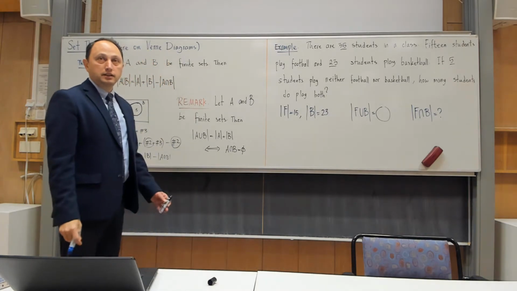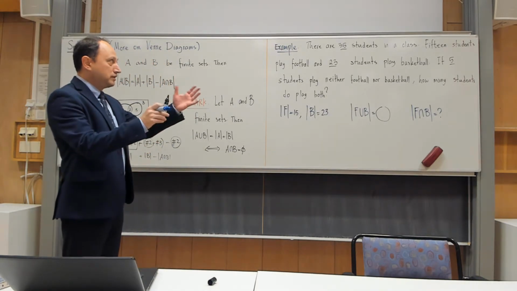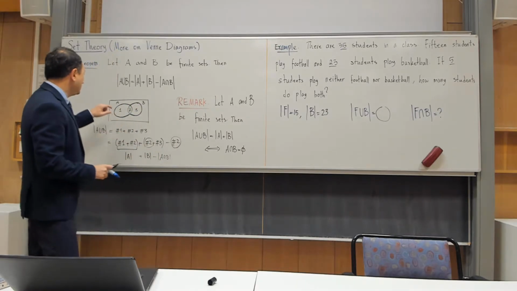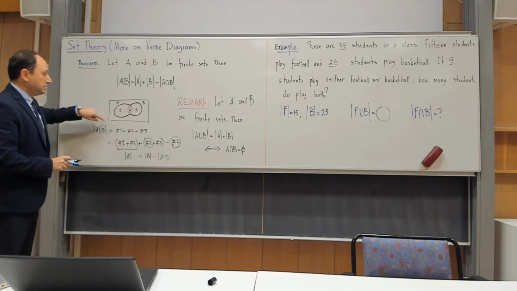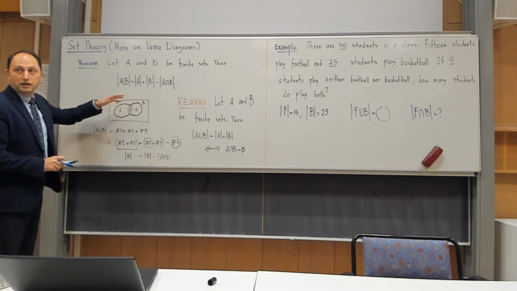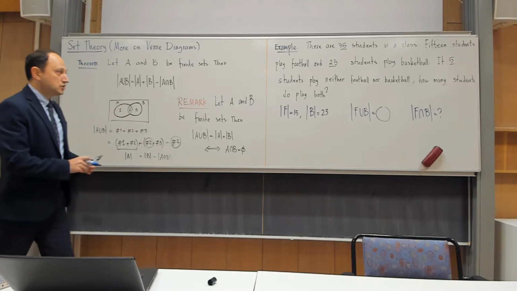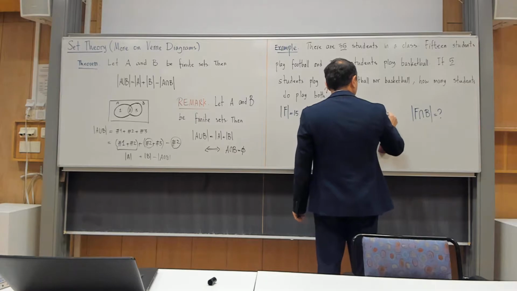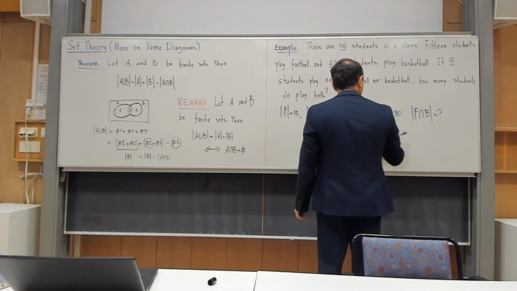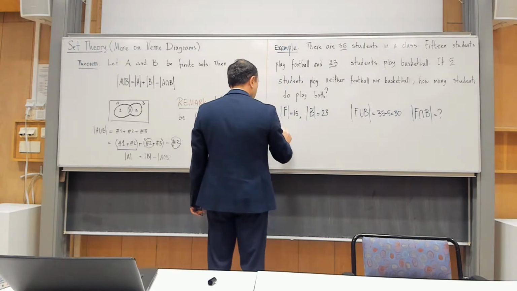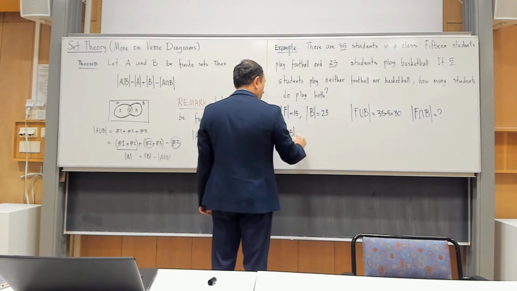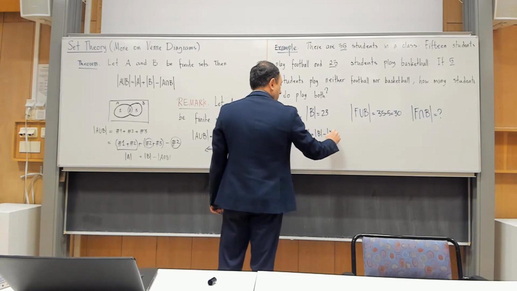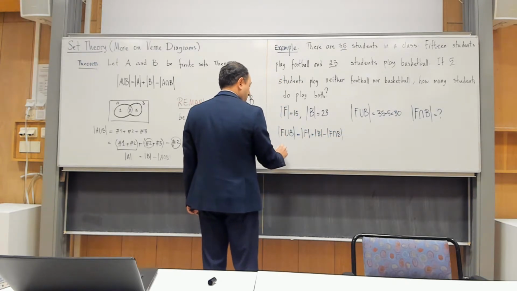It is 30. Even though there are 35 students, 5 of them don't play anything at all. So they are in the class, in this universal set, but they are outside F or B. Yes? So you need to know that this is 35 minus 5, which is 30. And then you write the formula: cardinality of F union B equals cardinality of F plus cardinality of B minus cardinality of F intersection B. Instead of this, I put 30.